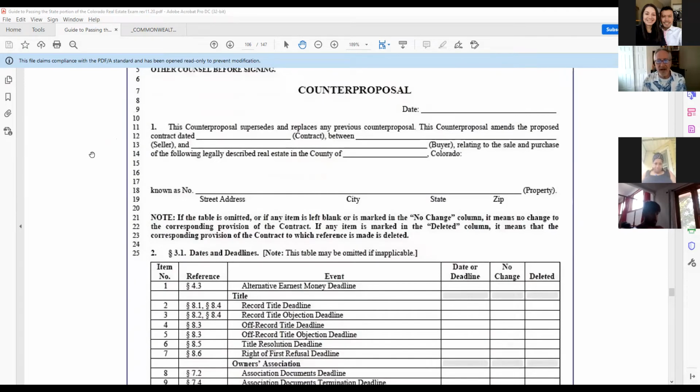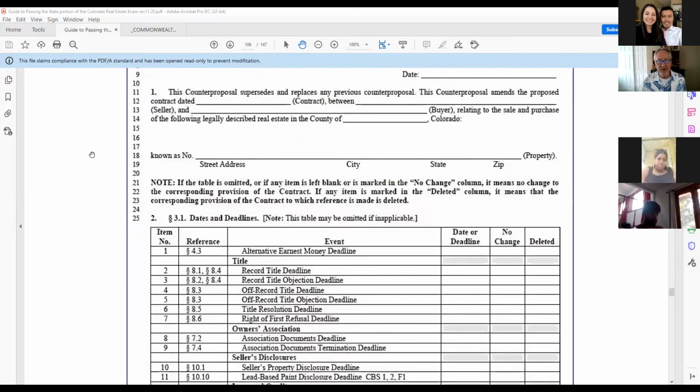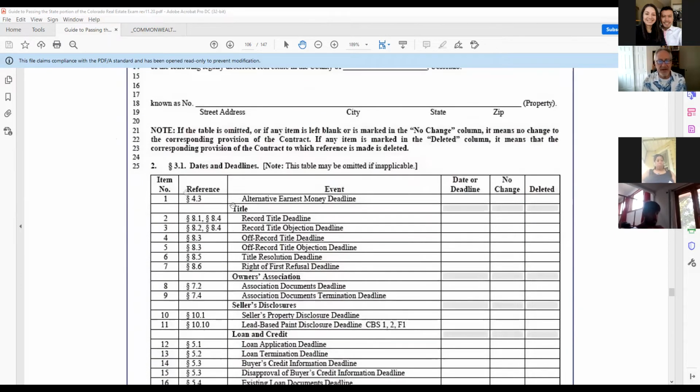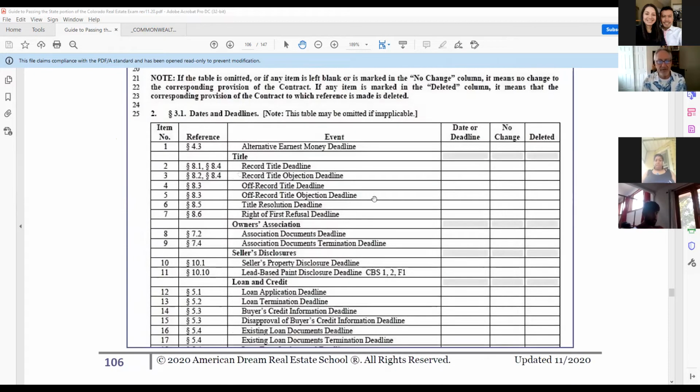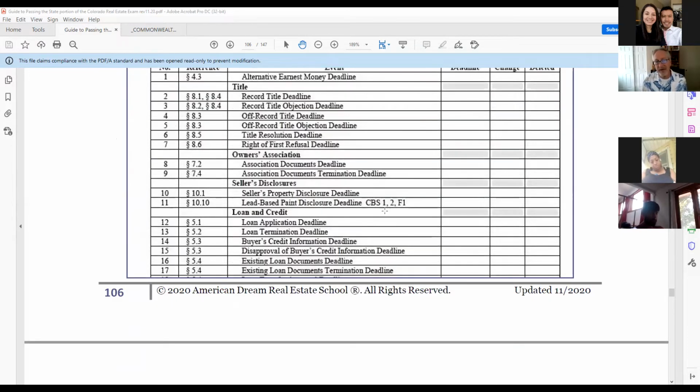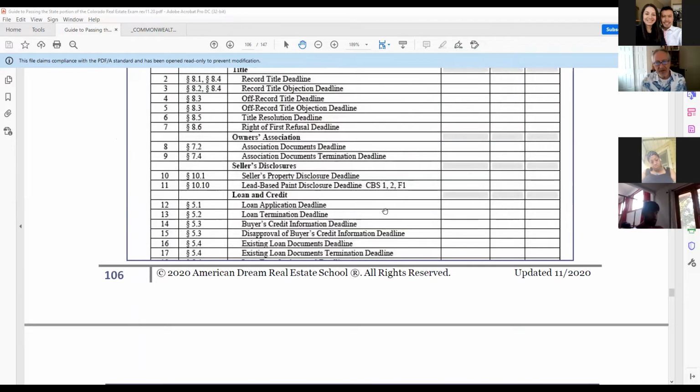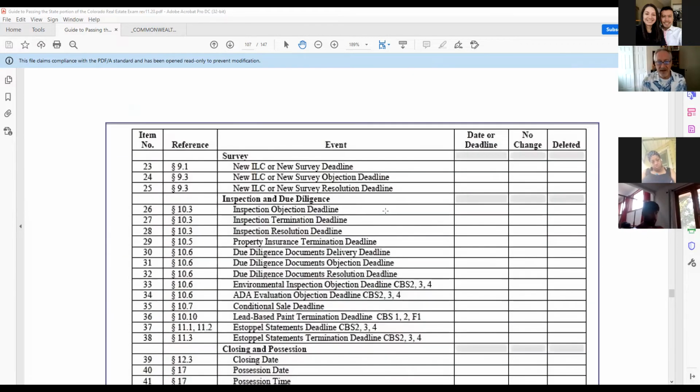It's kind of like a mini contract to purchase. You've got your descriptions of the property. You've got your dates and deadlines. That's paragraph 3 in the original contract. But now maybe there are some changes to this that you want to make in your counter offer. That can be part of it. Anything can be countered from the original offer, and this is the form to be using for that.